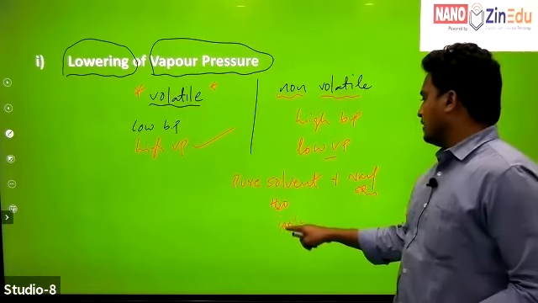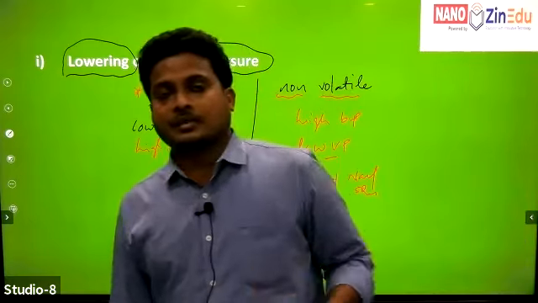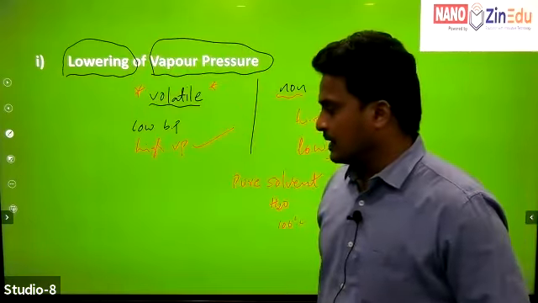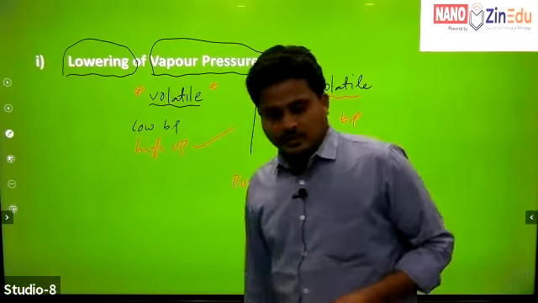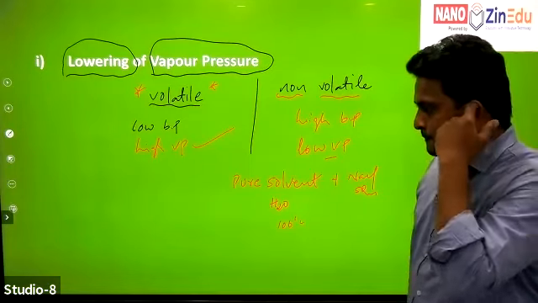The boiling point of the pure solvent is 100 degrees centigrade. Now what about the boiling point of the salt solution? Does it increase or decrease? Tell me.